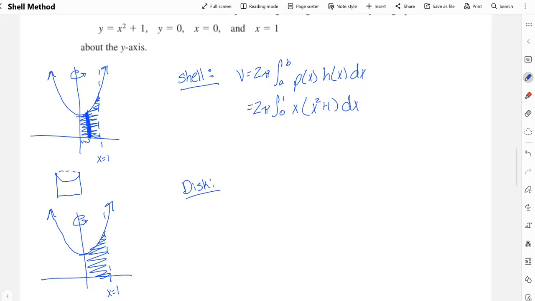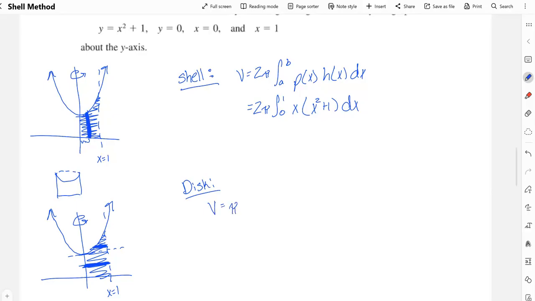So I have to slice perpendicular to the axis of revolution. So you can see how my disks are going to change. Down here, my disk is always going to have a radius of 1, but up here, after I pass where that vertex is, my radius is going to vary some. And we're thinking about that thickness in terms of y, so we're integrating in terms of y.